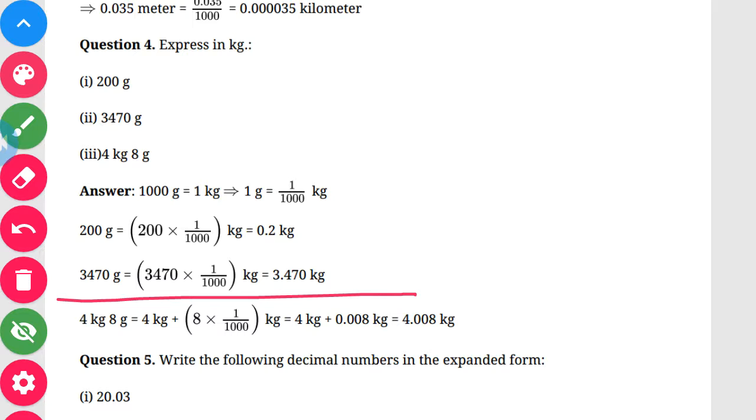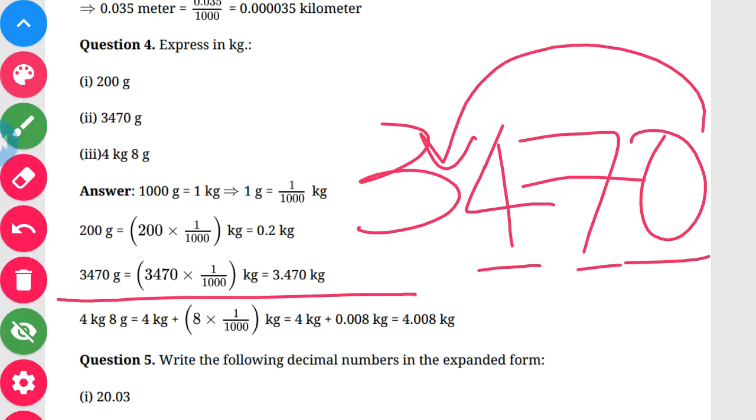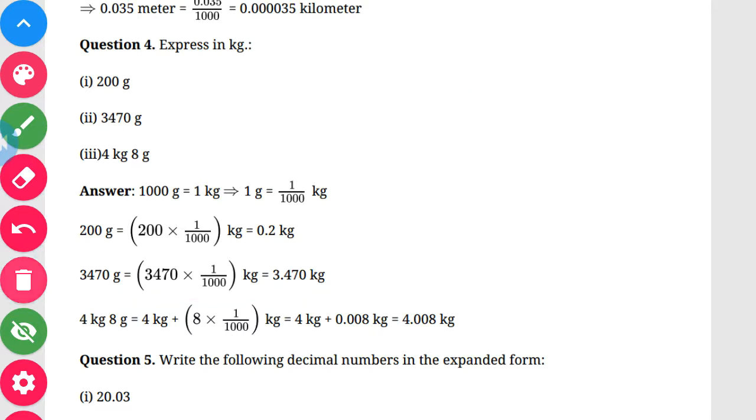You divide by 1000, and after dividing by 1000 you convert it to decimal. How you convert to decimal is again 3 digits: you just place your decimal point 3 digits from the right-hand side. Or you can do simple division also, no problem. So your answer will be 3.470 kg.